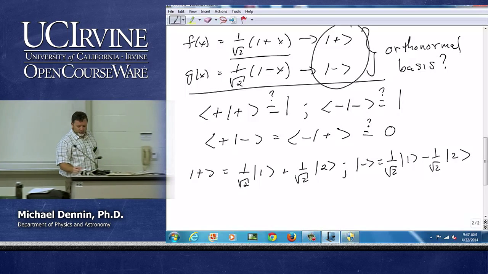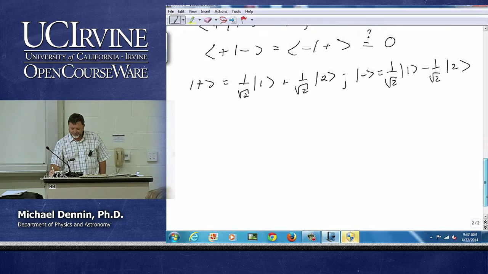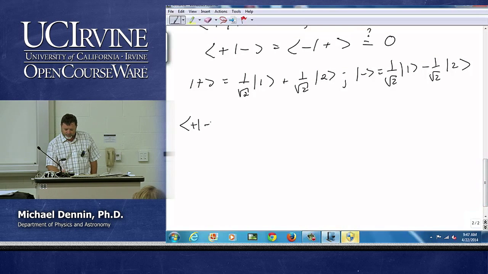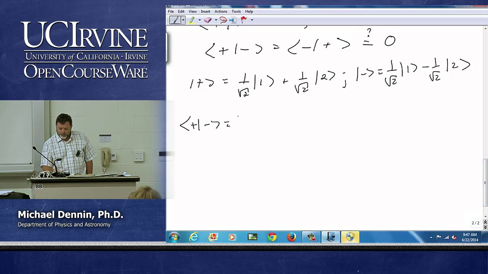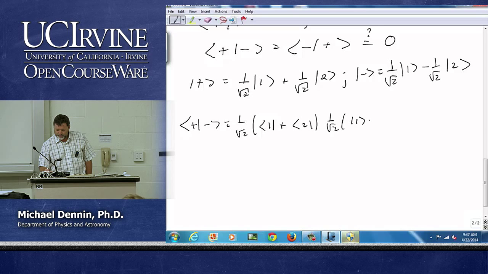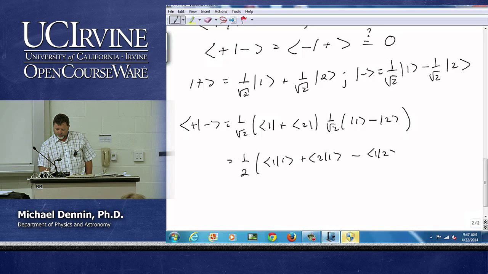And I'll just do one so you have an example to build on. If we want to do plus minus, everything has a 1 over root 2 for the plus, so that's <1| plus <2|, times the 1 over root 2 times |1> minus |2>. So I'm going to get a 1/2, and I'm going to get <1|1>, <1|2>, minus <2|1>, minus <2|2>.